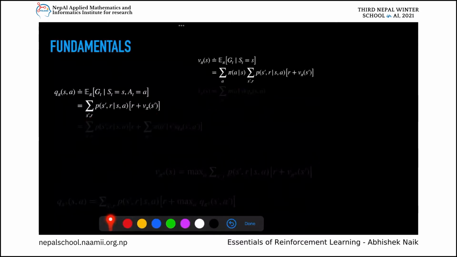Okay. Now, if you look at these two things again, can I rewrite this expression or maybe simplify it a bit based on what I know here? I can, right? I can just write V pi of S, sum over all actions, Q pi of S, A, right? The action values for starting from that state for all the actions that we are summing over.